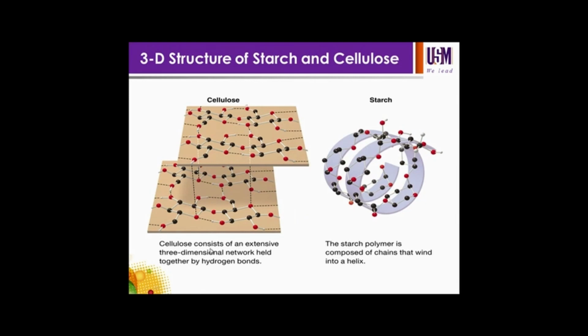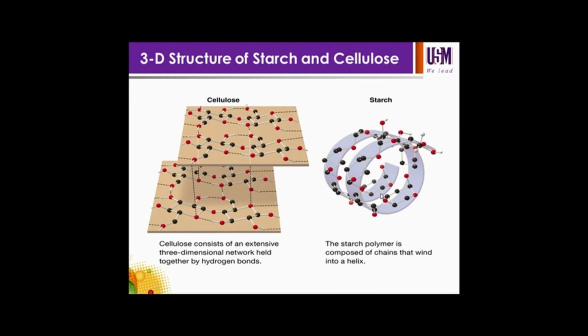Cellulose consists of an extensive three-dimensional network held together by hydrogen bonds, while the starch polymer is composed of chains that wind into a helix. So they are stereoisomers because only the three-dimensional arrangement of the atoms is different. One has an almost planar structure, while the other is in a helix structure.